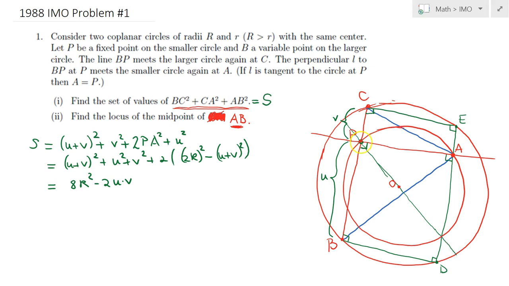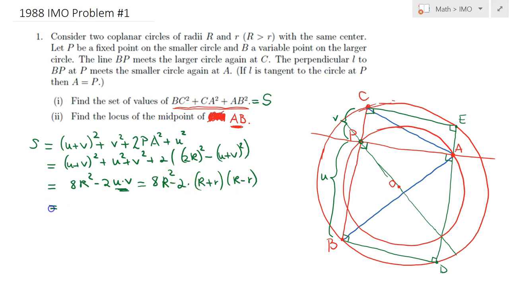So I would have the power of point P is U times V, which is our desired result, but at the same time it is equal to, because the radius of the big circle is capital R plus little r, and then this interval here is capital R minus little r. So I would get (R plus r) times (R minus r), and now that's simply R squared minus r squared.